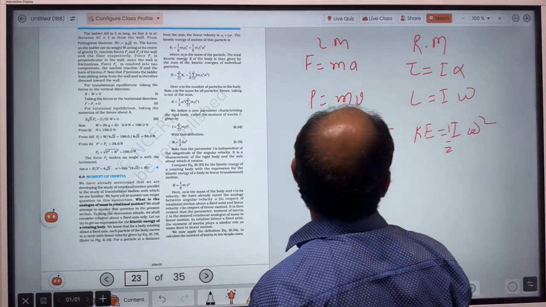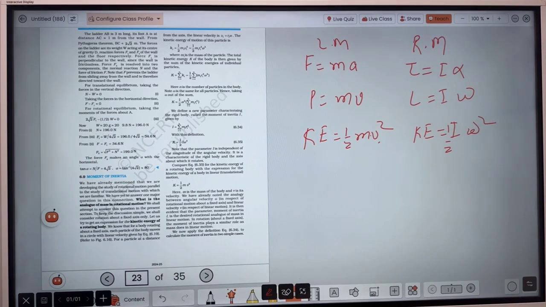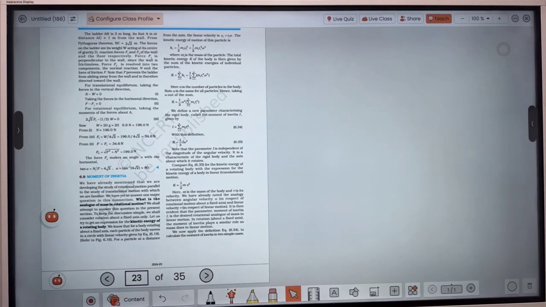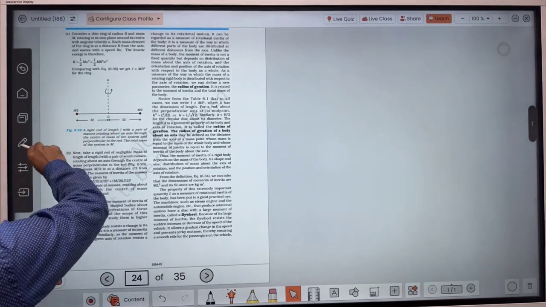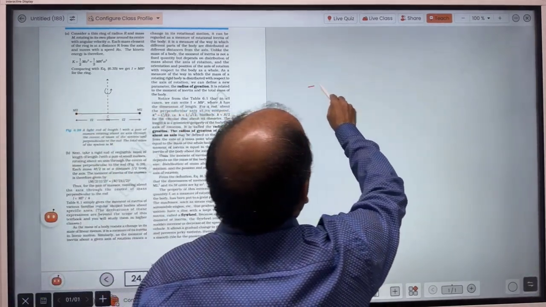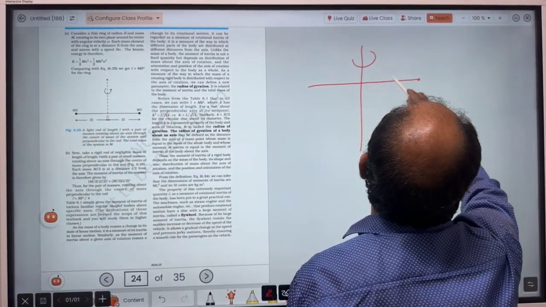Here the moment of inertia of a rod is given. Suppose this is a rod and this is the axis of rotation. At this point, say total mass is m by 2 on this side and m by 2 on this side, and this distance is r by 2, this distance is r by 2. So the moment of inertia, if you evaluate, is not 1 by 2, it is mr square only.